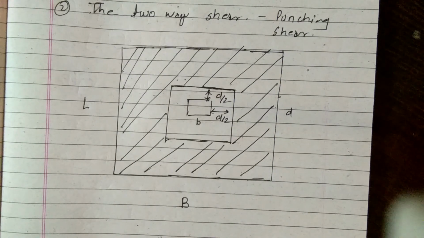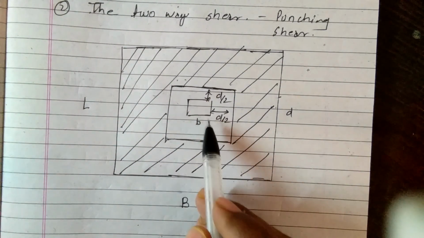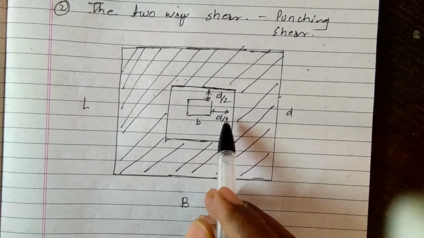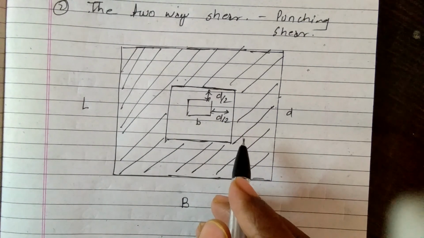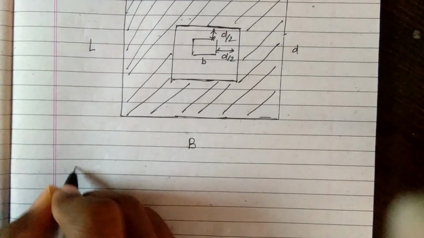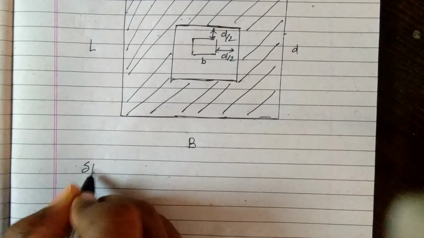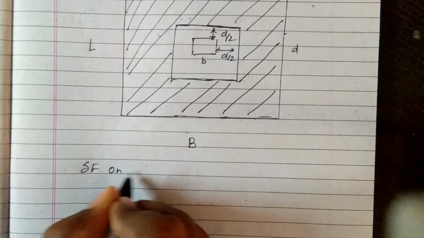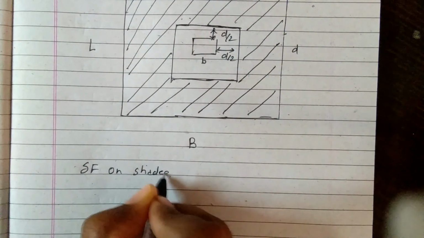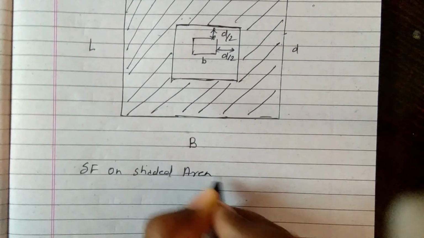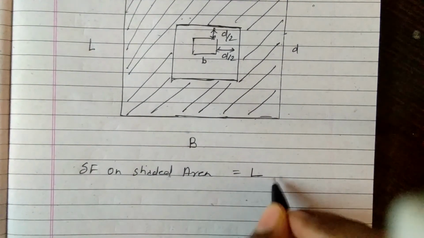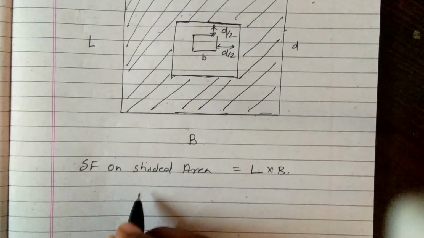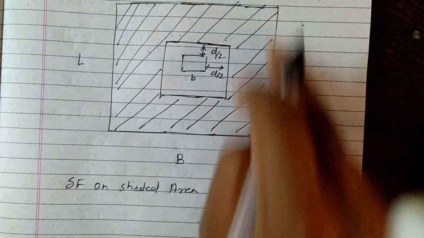Okay, now the shear force is acting from the face of the column at the d by 2 distance. Now in this, same, the shear force on shaded area. Now we know that area means length into breadth.